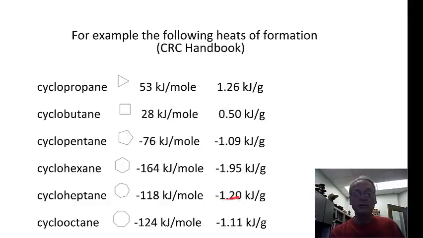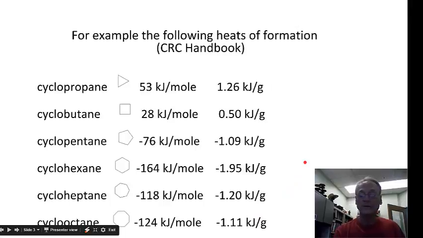When we get cycloheptane, we see that it goes back up again because this now is a bigger number than this. So cycloheptane has more energy and therefore is less stable than cyclohexane, and cyclooctane even more energy. So basically, it starts out high, goes down, down, down. This is the lowest energy of them, and then it starts to go up again with cycloheptane and cyclooctane. What we want to do is see if we can understand why.